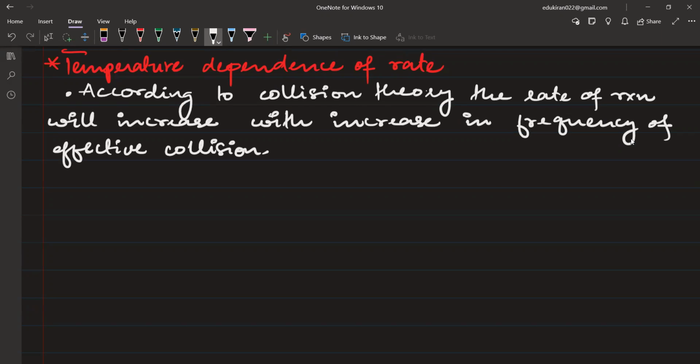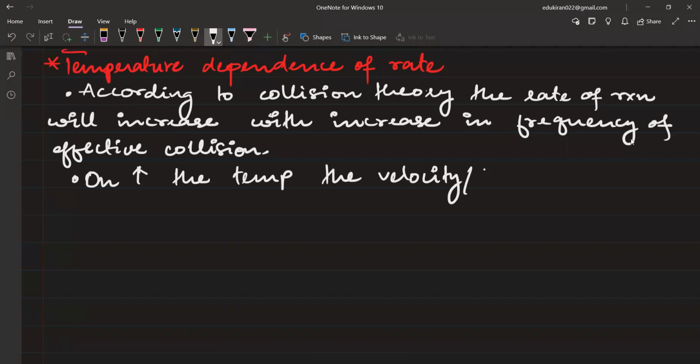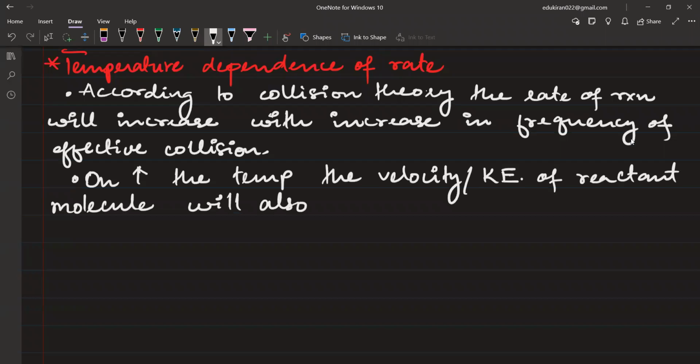Okay, please write next. On increasing the temperature, the velocity, or we can say the kinetic energy of reactant molecules will also increase.